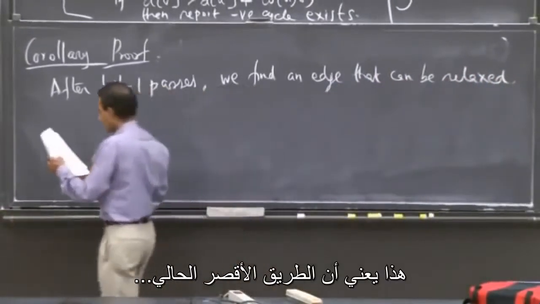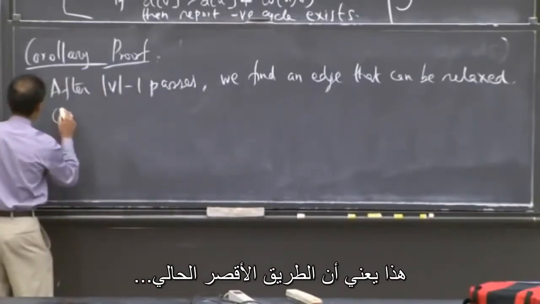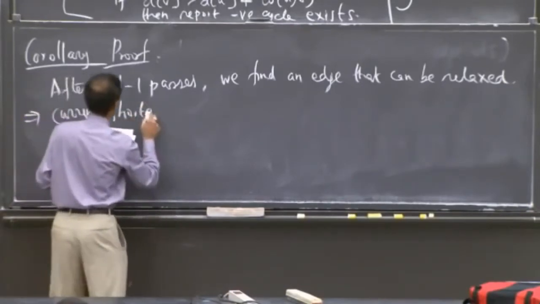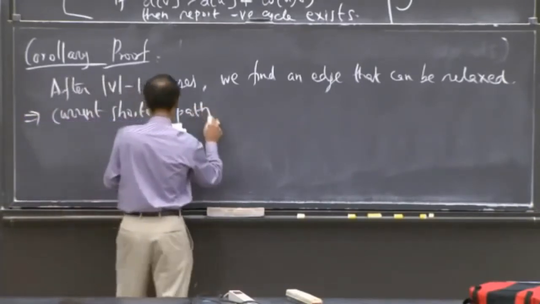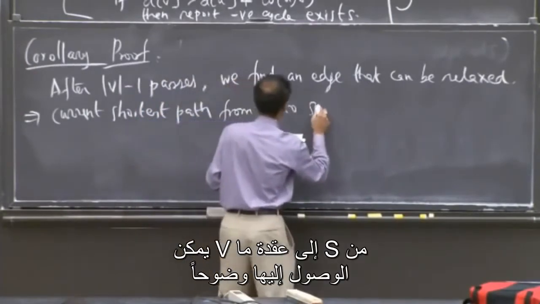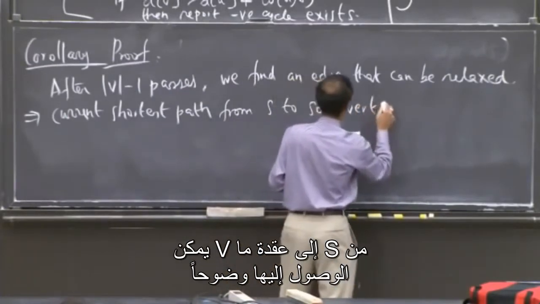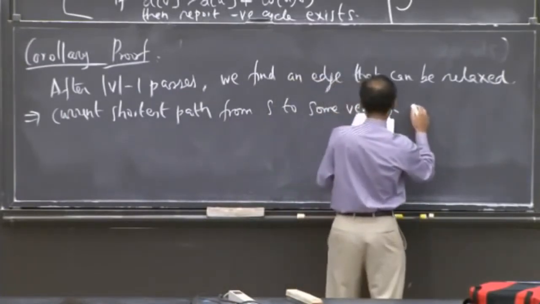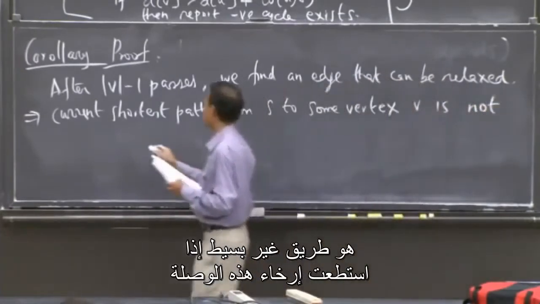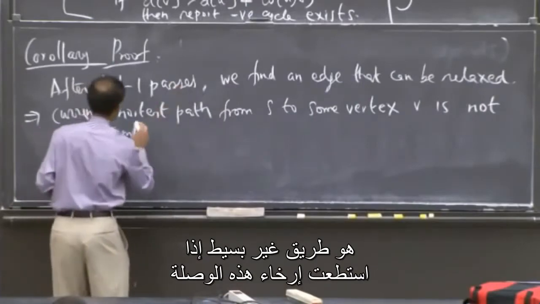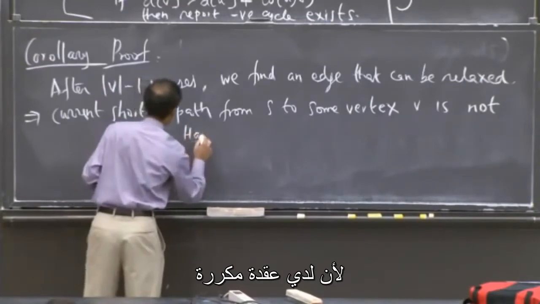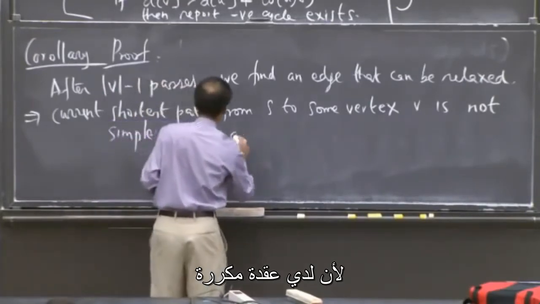Well, this means that the current shortest path from S to some vertex V that is obviously reachable is not simple once I've relaxed this edge, because I have a repeated vertex.